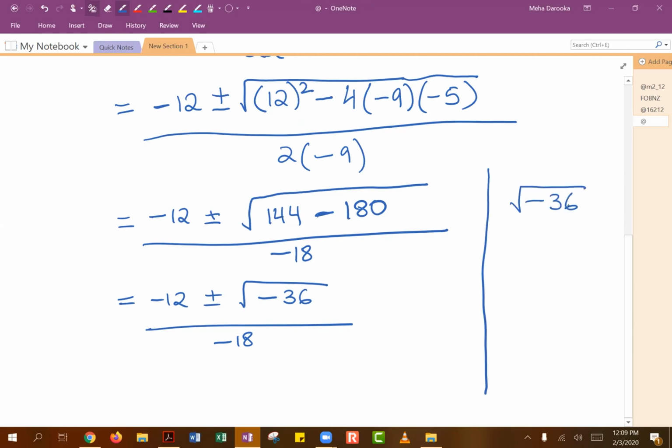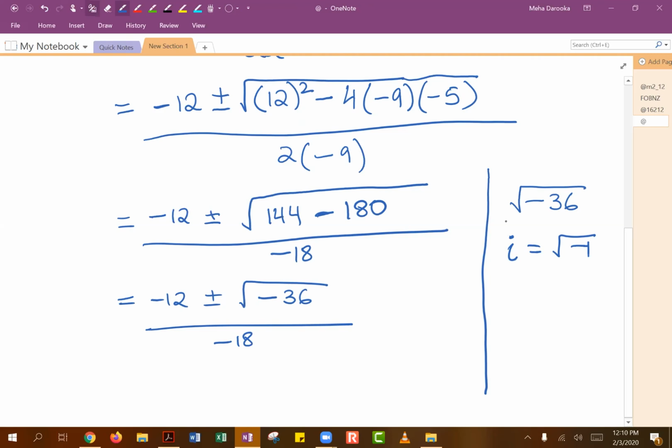Do you remember how we defined the imaginary number last time? Very good. i is defined as square root of -1. Remember, were you here? I was not here. Yeah, I think we talked about this last class. So we define the imaginary number i as square root of -1.